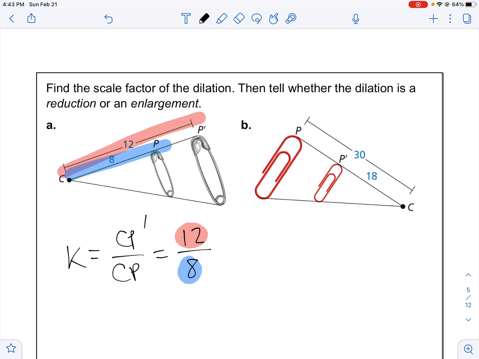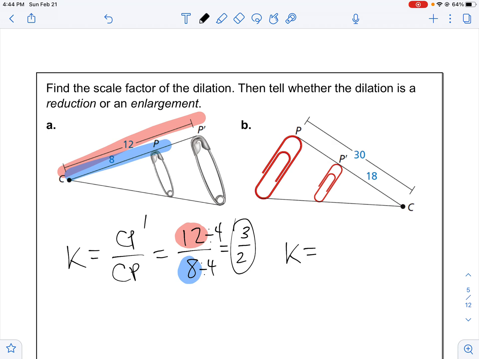Now we always want to reduce scale factor to the smallest possible fraction. We do that by dividing top and bottom by the greatest common factor, or biggest number that divides them both nicely. So our scale factor here is 3/2.